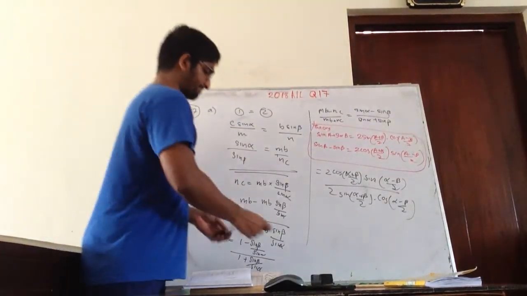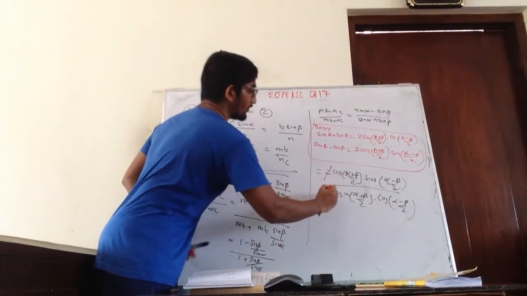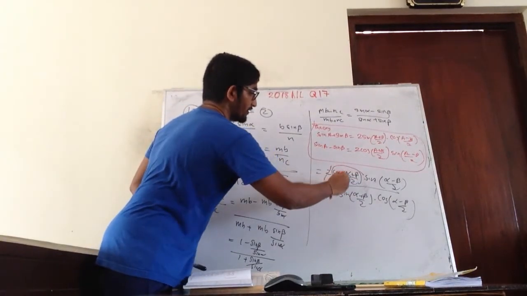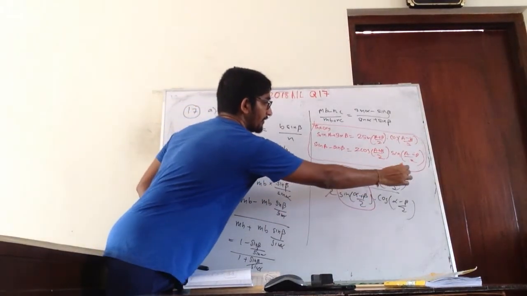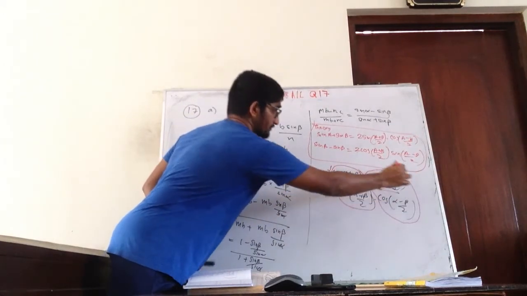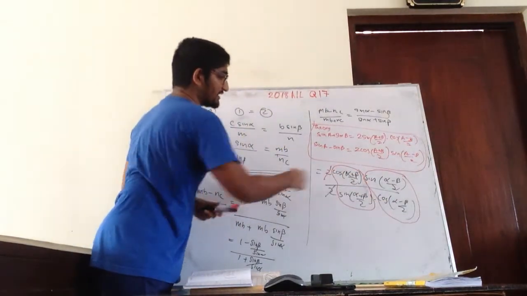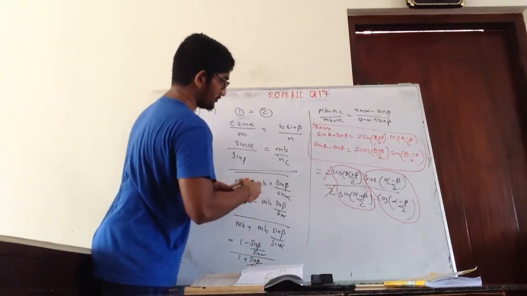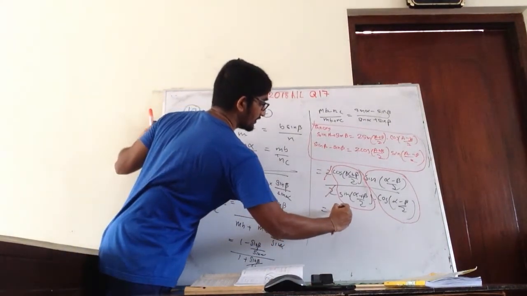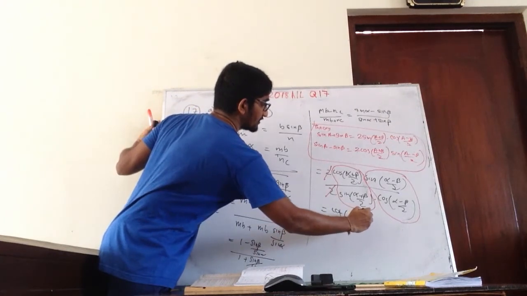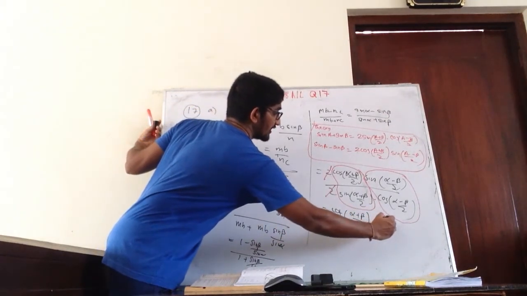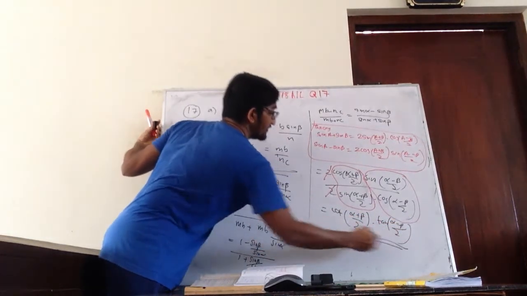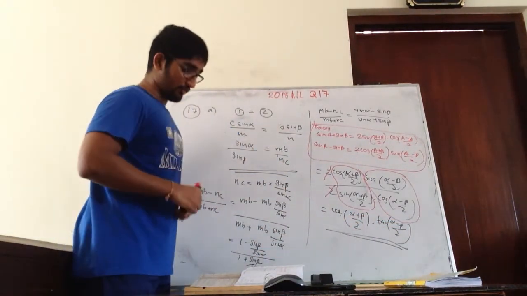So here you can cut these off and then group these now. You can group this up and you can group this up. So this is basically the cot value. This is cot alpha plus beta over 2 tan alpha minus beta over 2. This is the answer they want.